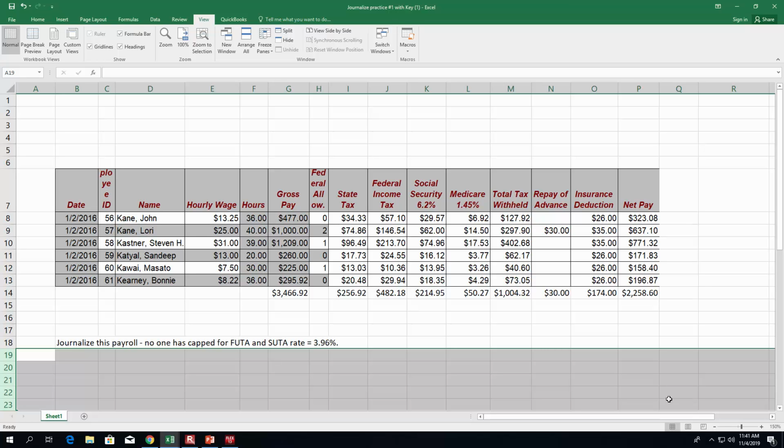Here's their hourly wages, hours, gross pay, taxes. One of them had an advance that they're paying back. Most of them obviously are paying some sort of insurance premium. And then their net checks are over in the far right-hand column. Journalize this payroll. No one is capped for SPUDA or SUDA, and the SUDA rate is 3.96%.